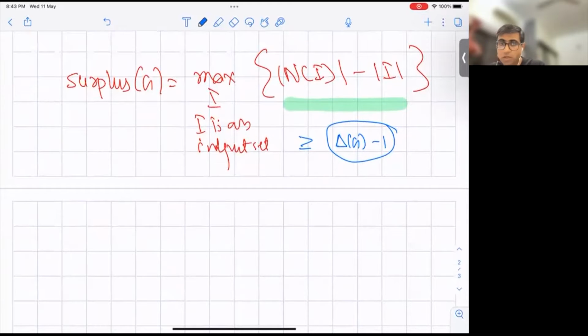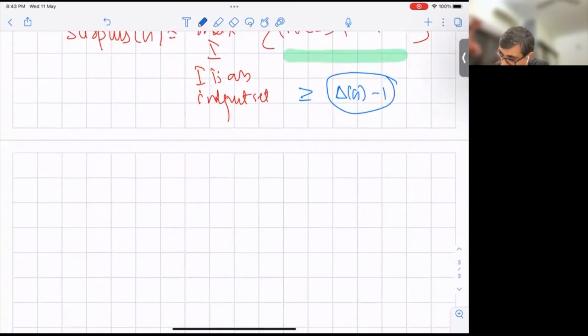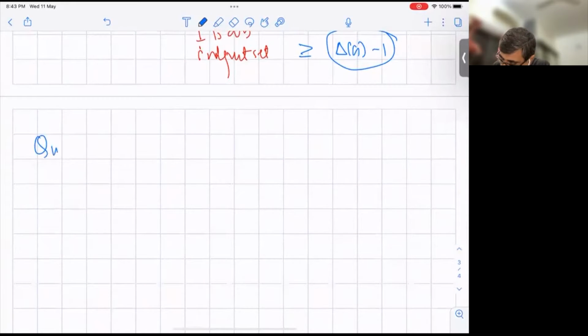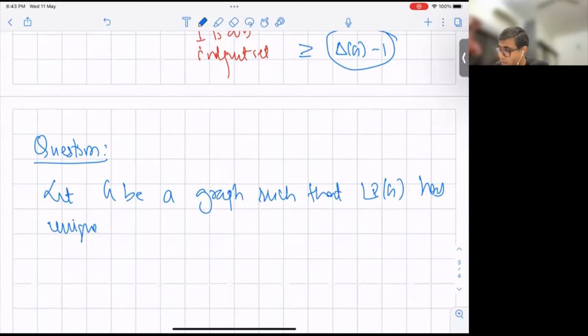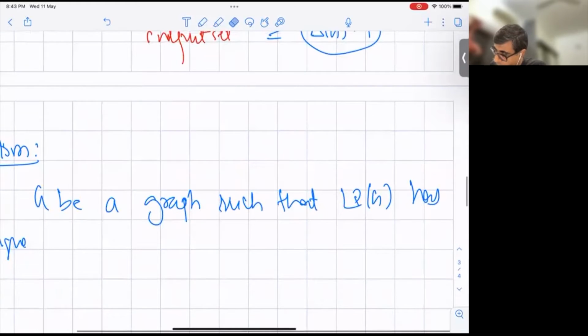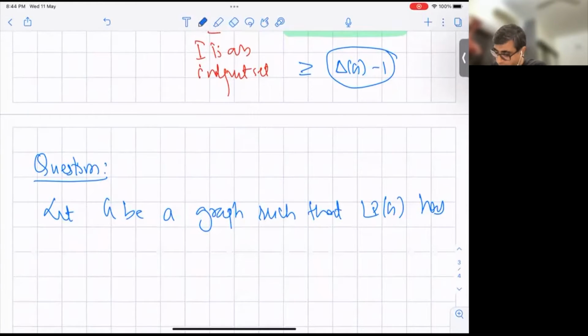Now here's a curious question for you. Let G be a graph such that LP of G has all-half as its unique solution.